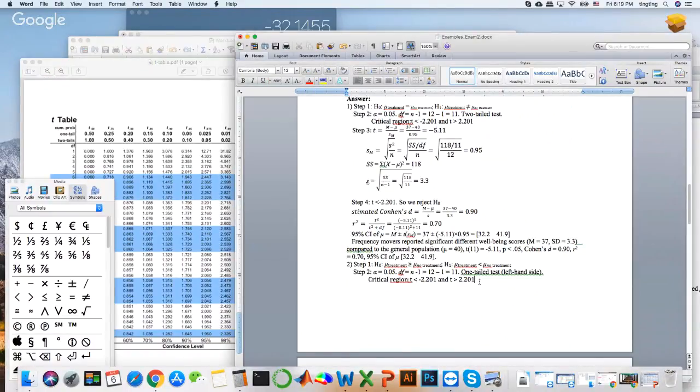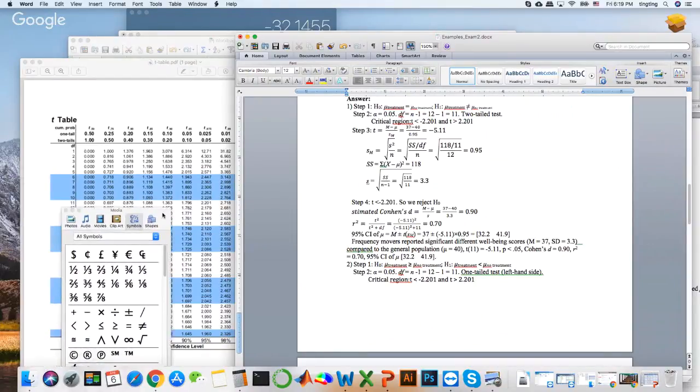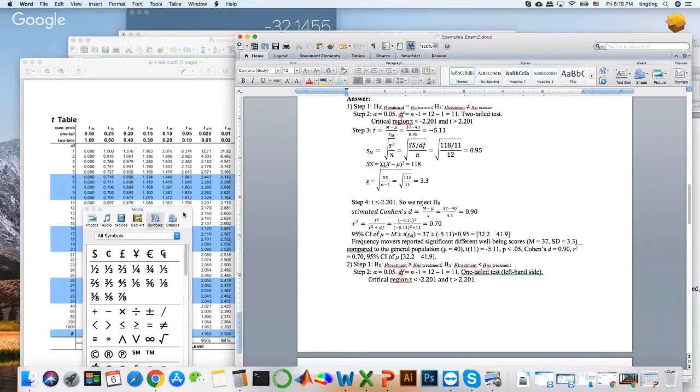So it should be this number. So we have our critical region defined.